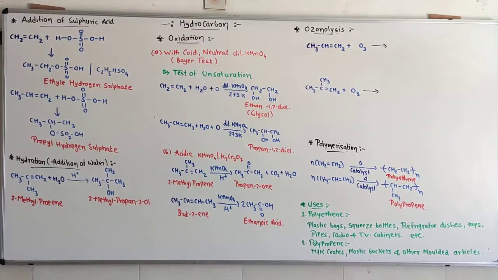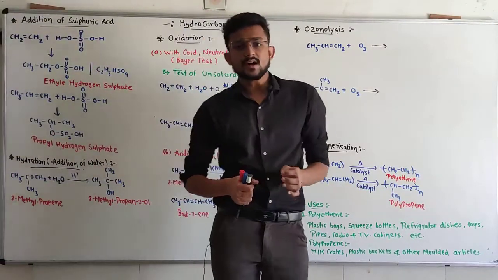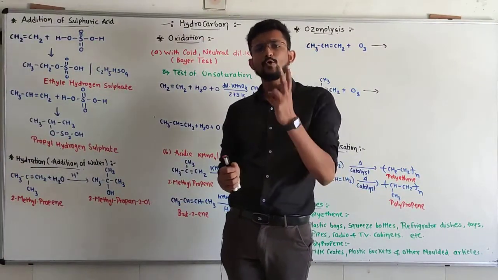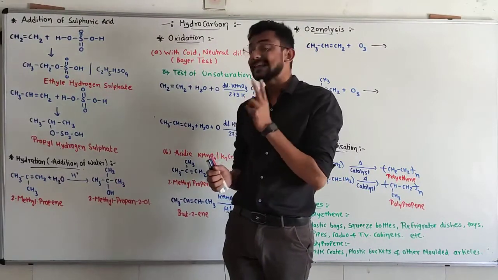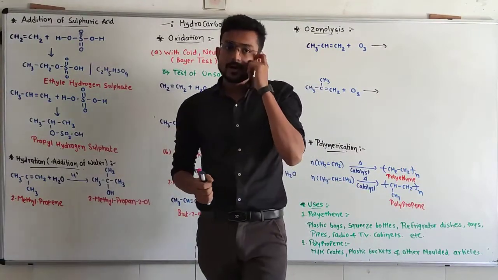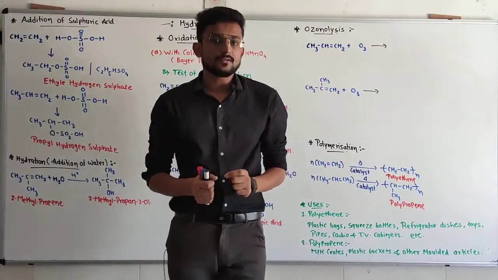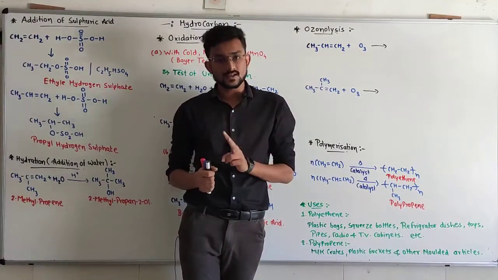Good morning, students. In the previous lecture on hydrocarbons, we discussed two main properties of the alkene. Among them, the first was addition of hydrogen. After that, addition of halogens.